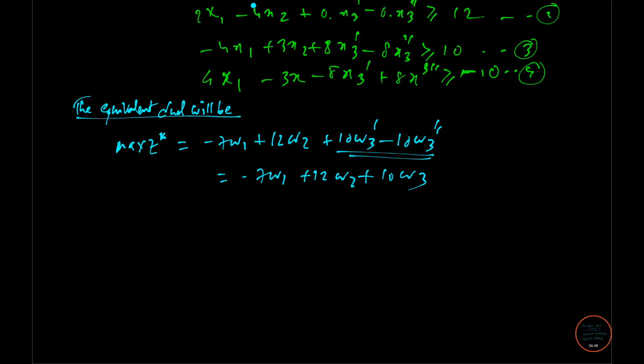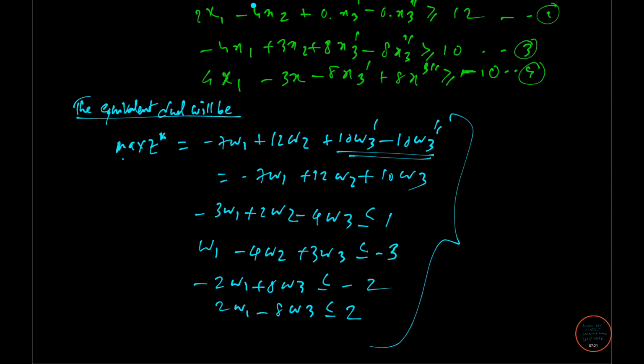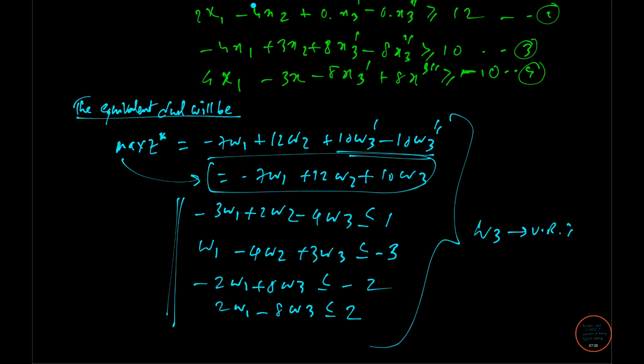In the subject to segment, again every time we need to write w3 dash minus w3 double dash, and at the end we can get it as 2w2 minus 4w3 less than or equal to 1, then w1 minus 4w2 minus 3w3 less than or equal to minus 3, minus 2w1 plus 8w3 less than or equal to minus 2, and 2w1 minus 8w3 less than or equal to 2. So this is the complete formation of the dual, where this is the main optimization function and these are the constraints, and where you mention that w3 is unrestricted in sign.